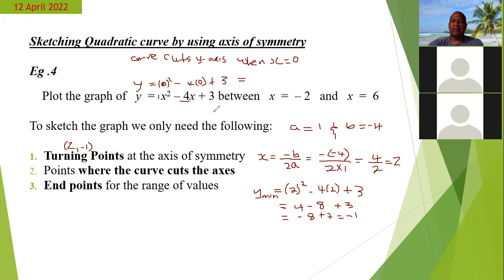What would y be? 3, sir. 3, right. So it means that the curve would cut the y-axis at y equal 3, right? So wherever the y on the y-axis, you look for 3 on the y-axis and you make a point there. So that would be x equals 0 and y equals 3. So that point would be 0, 3.